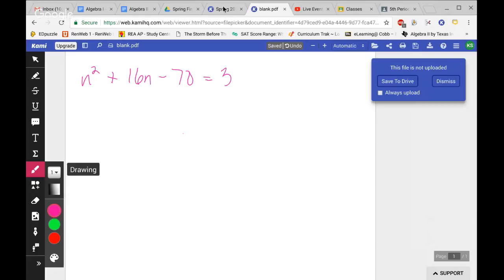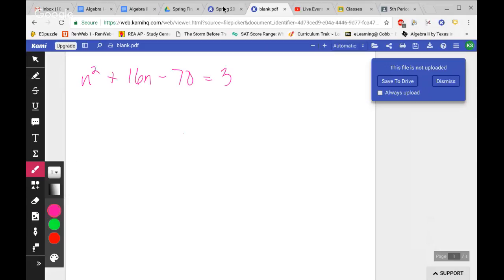So, a little different than with the quadratic formula. With the quadratic formula, the very first step is getting it in standard form. This one, if you want to write this down in your notes, you're going to create space to do that completing of the square.